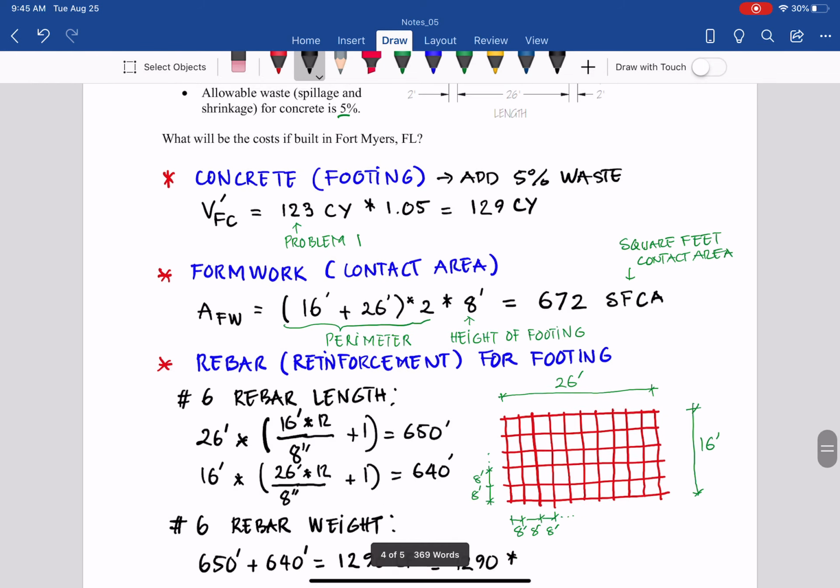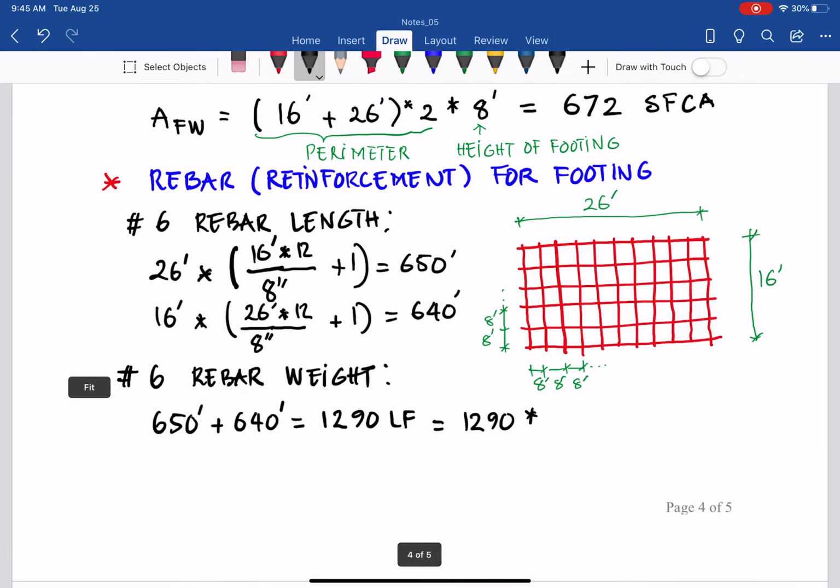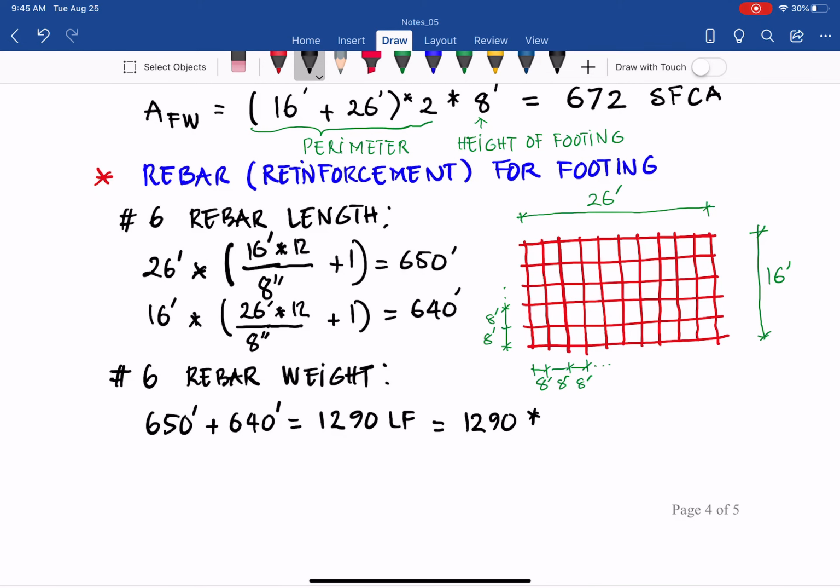So you go to the reference, you will be able to find out, and that is 1.502 pounds per linear foot, and I make a note here. This will be the reference, so that we can refer to it when you read that.